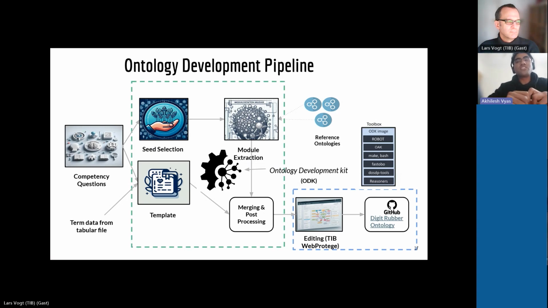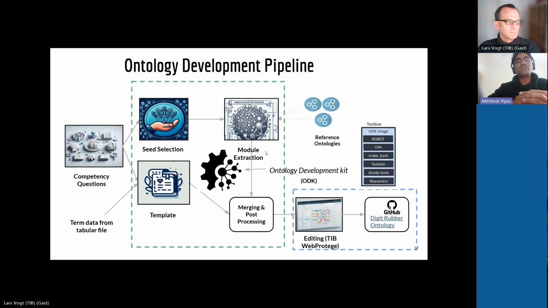The pipeline starts from the competency questions on the left, and it has both manual and automated components. In the pipeline, we have competency questions from the different project partners, and then we have the seed selection from the competency questions, and then module extraction from the reference ontology, which has the seeds text file.